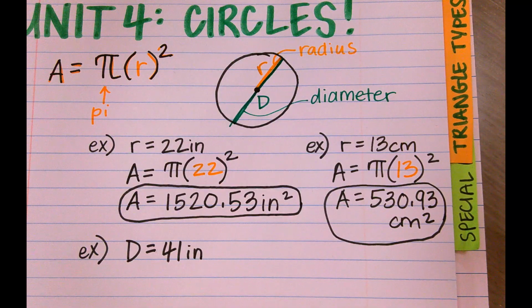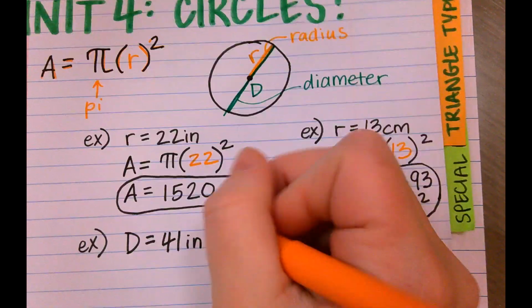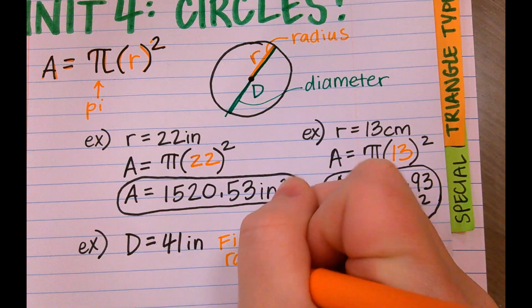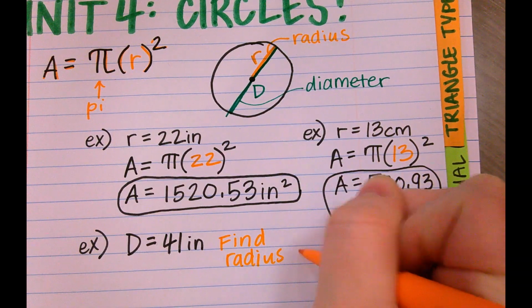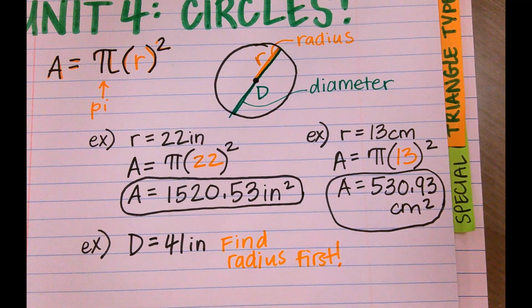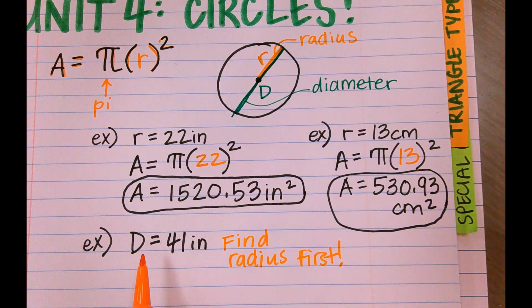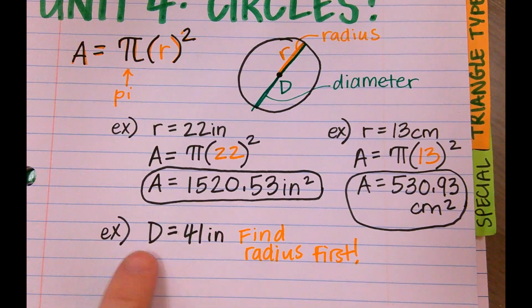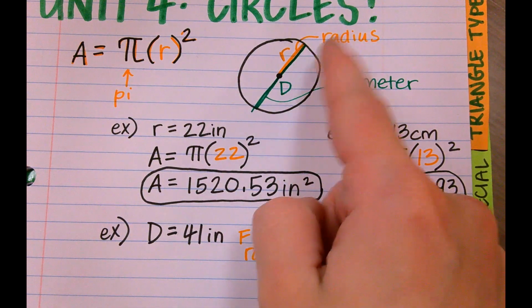So what I'm going to write here is find radius first, because this isn't a radius, this is a diameter. Just like Kelsey said, the diameter is twice the radius.